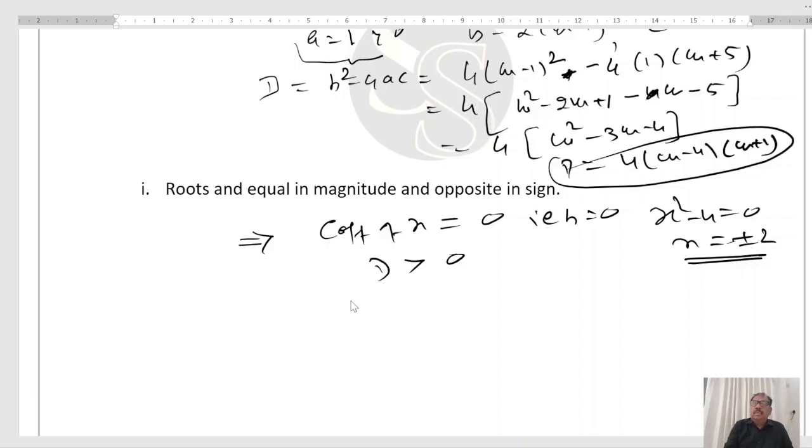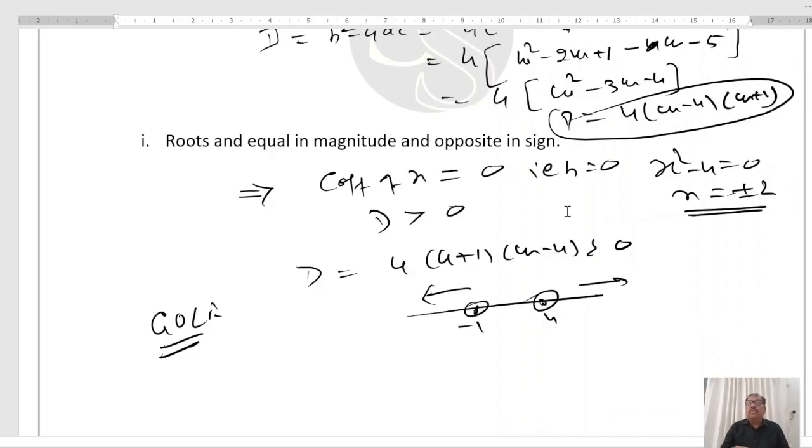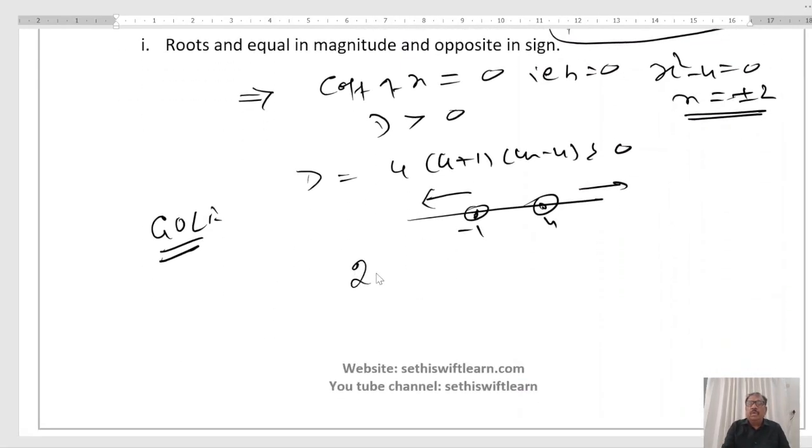D, that is 4(m plus 1)(m minus 4), should be greater than 0. According to the rule, greater is outside, less is inside. And the b part equal to 0. What is the b part? 2(m minus 1) equal to 0, which means m equal to 1.